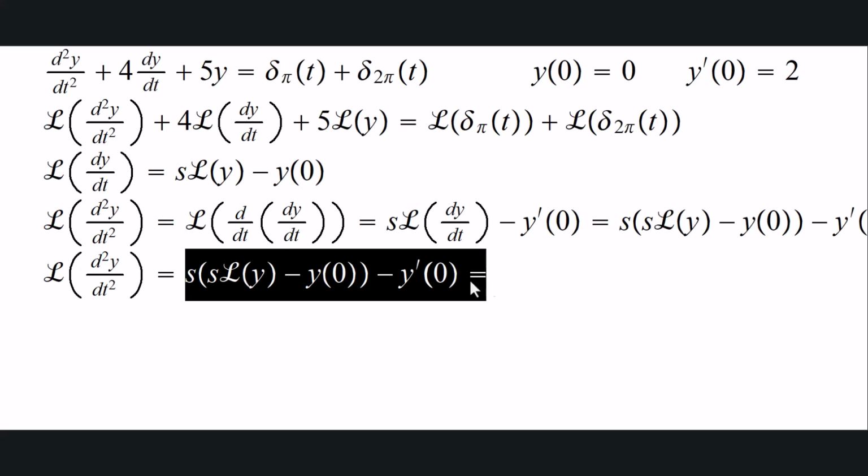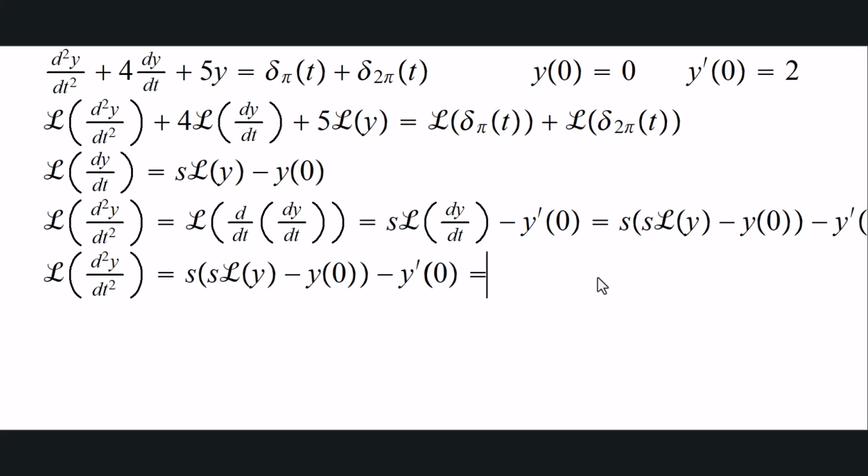So we can just write these values down here. So just open the parentheses. Okay, so this is s squared, and y0 is 0. And then y prime at 0 is 2 right here. So that becomes a 2.